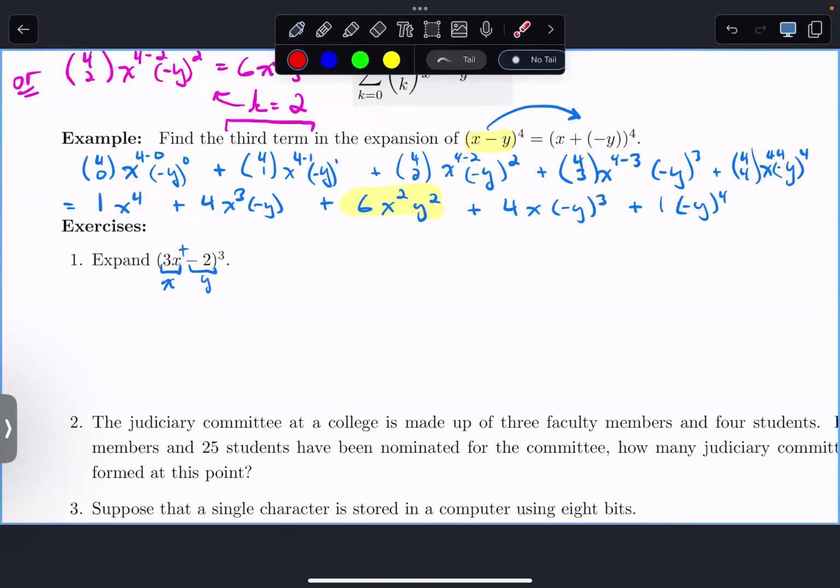n is 3, so I have a power of 3. So let's do this thing.